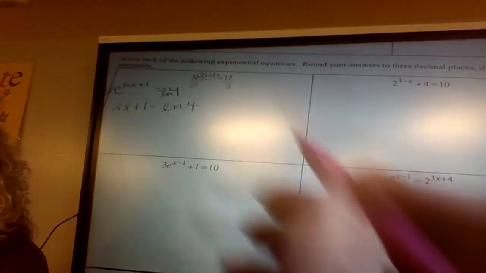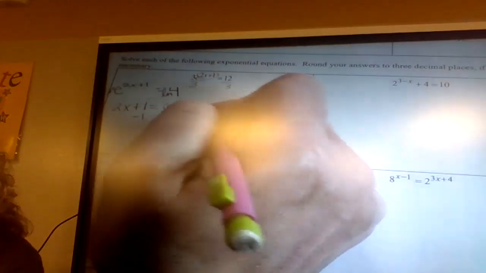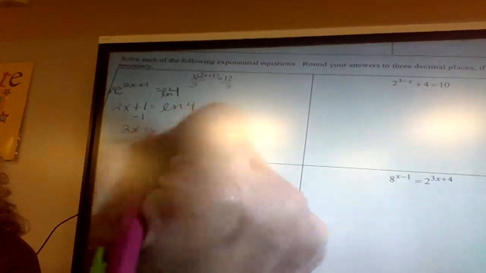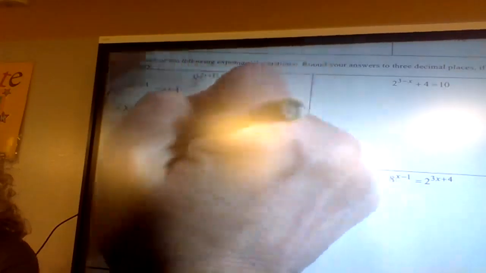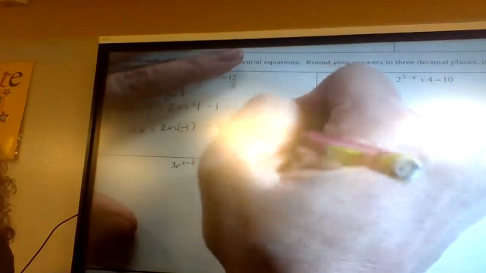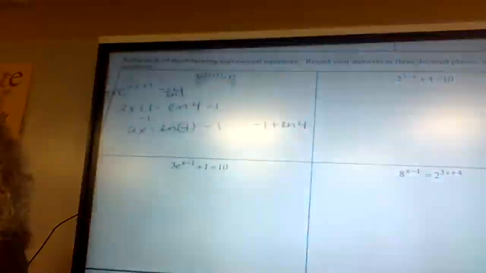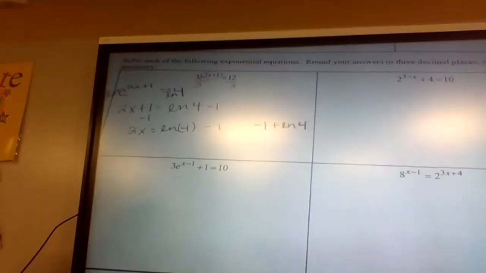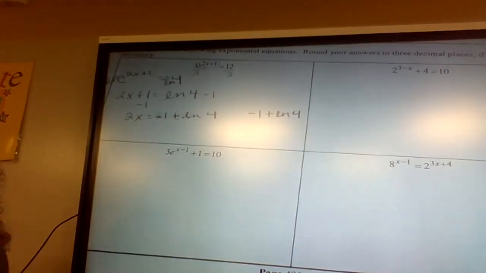So I'm going to subtract 1. I have 2x equals the natural log of 4, and then that's minus 1. You may even want to write -1 plus the natural log of 4, because it's not the natural log of 3. And if that's going to confuse you, let's just do the natural log of 4, minus 1. That's what I was trying to get you to see about that problem in the homework. You didn't have enough there.